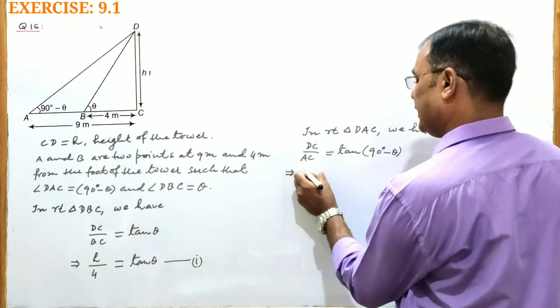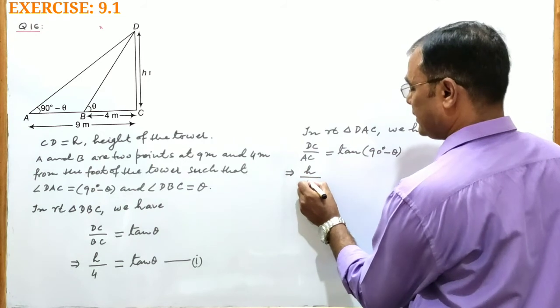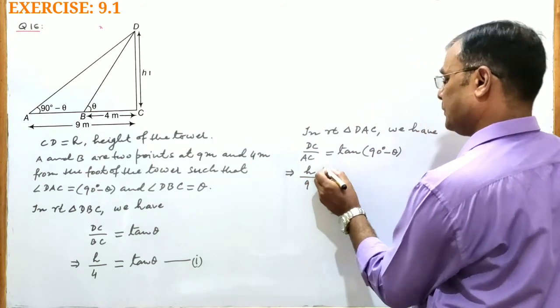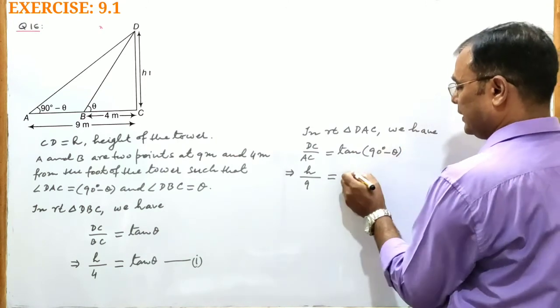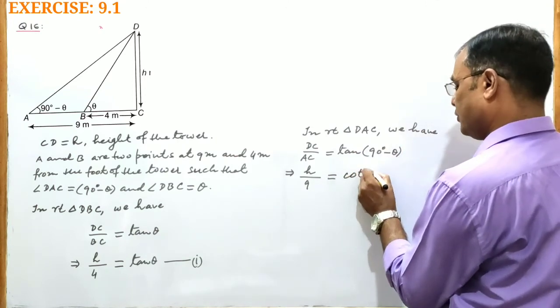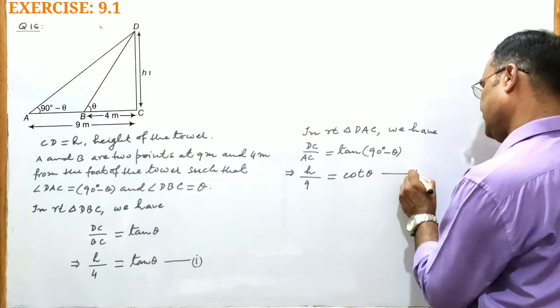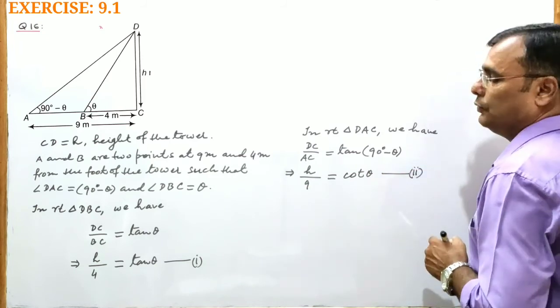DC we have taken h, AC is given 9 meter, so h by 9 meter equal to tan 90 degrees minus theta, which is cot theta, and let it be equation number 2.